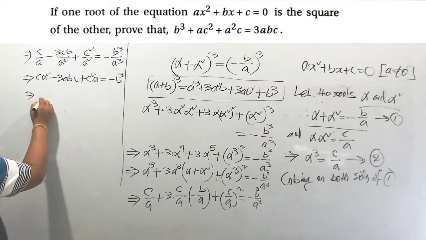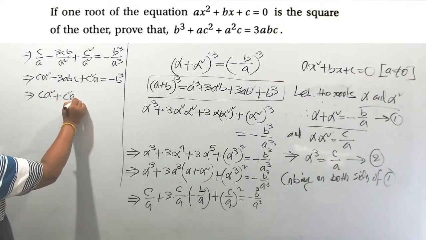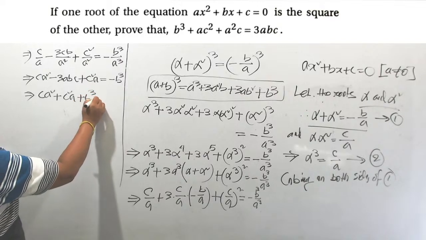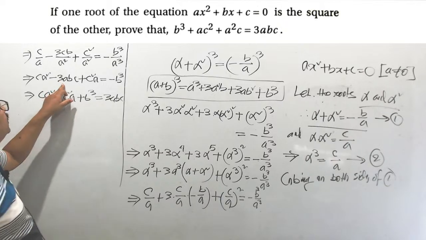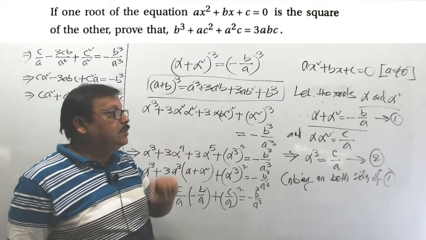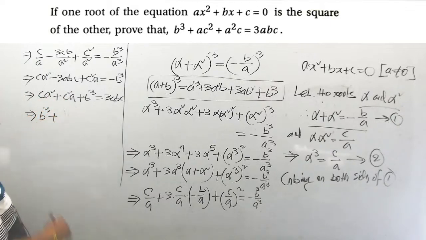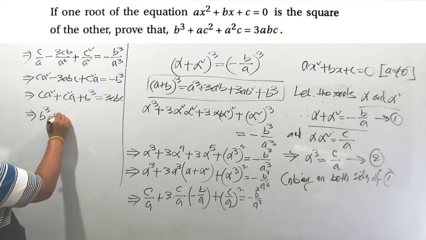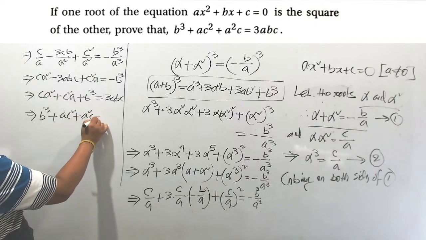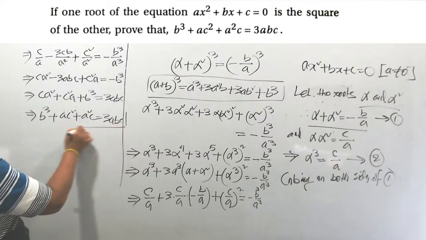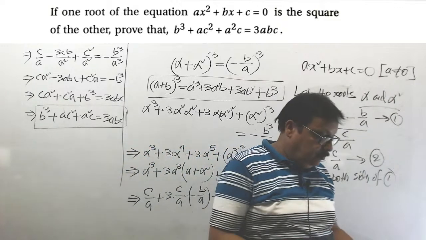This implies c a square plus c square a plus b cube equals 3abc. If you change the side of 3abc, what to prove? b cube plus ac square plus a square c is equal to 3abc. This was to prove. Hence proved. Understood?